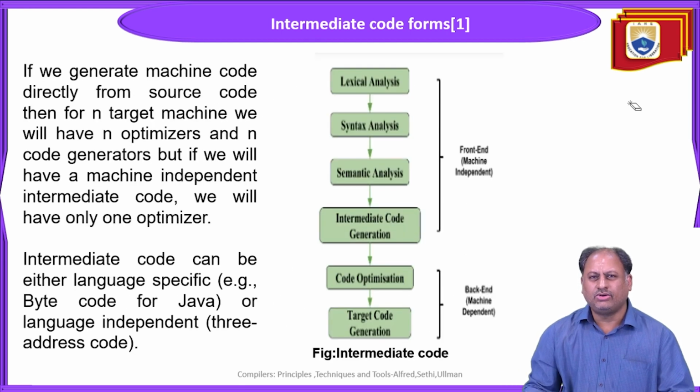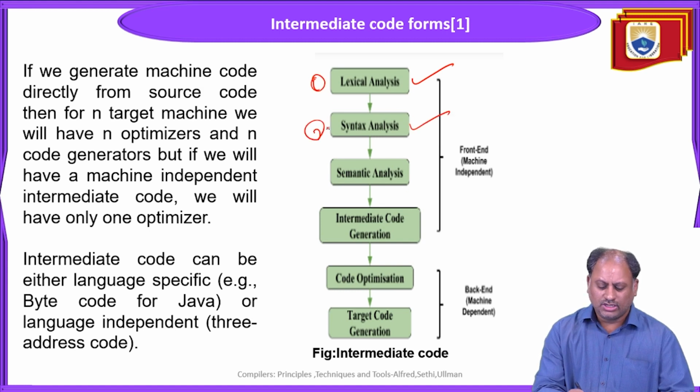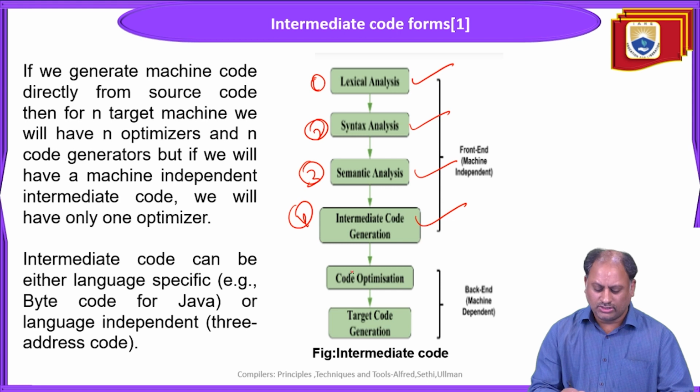With the diagram notation, we will see the phases. Lexical analysis is the first phase of the compilation process. Second phase, syntax analysis. And third phase is the semantic analysis phase. Fourth phase is intermediate code generation. Fifth phase is code optimization.